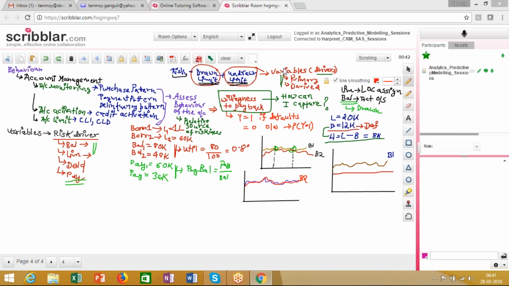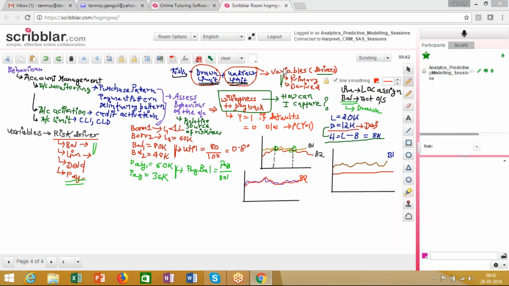Now the question that comes out is, I say that this guy has a more willingness to pay back, and this guy has a B1, and the first borrower has a relatively lower willingness to pay back. But does that necessarily mean that borrower 1 is more risky than borrower 2 or vice versa?